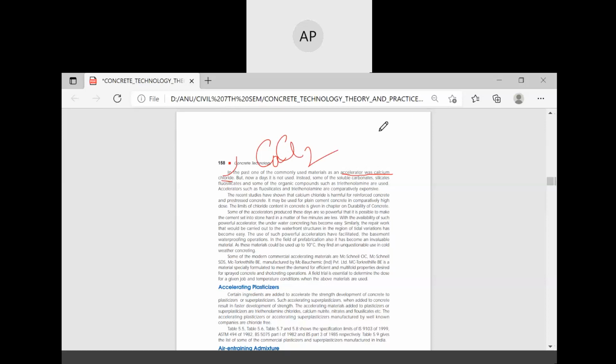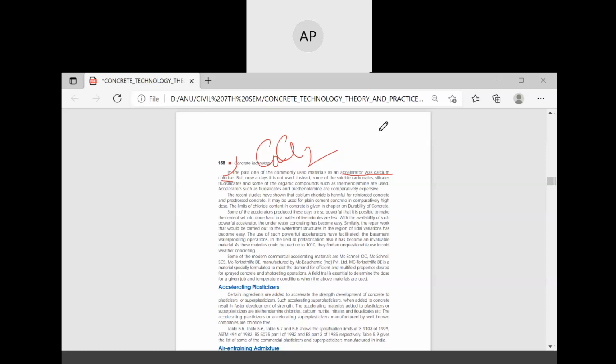It reduces the setting time. That means it will quickly harden. After adding the accelerating agent, the concrete will quickly harden from the plastic to the hardened state. This type of accelerating agent is used in repair works because we require quick hardening.